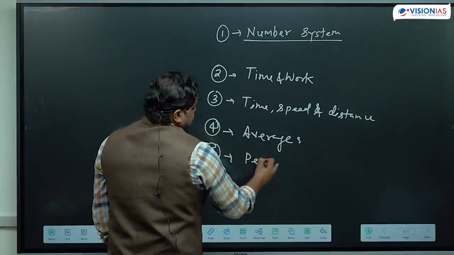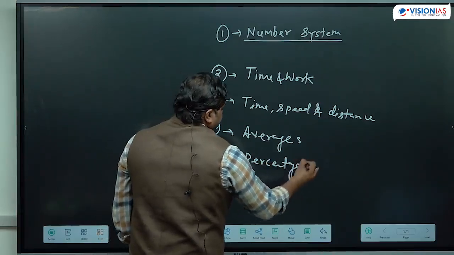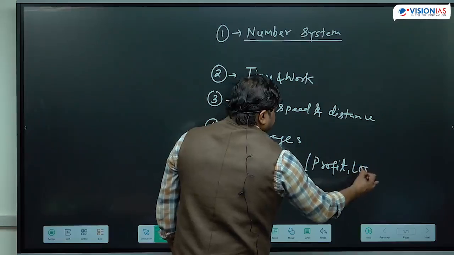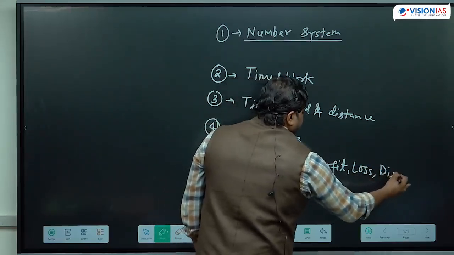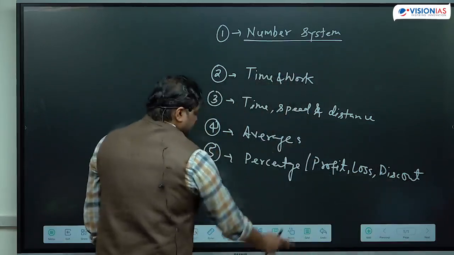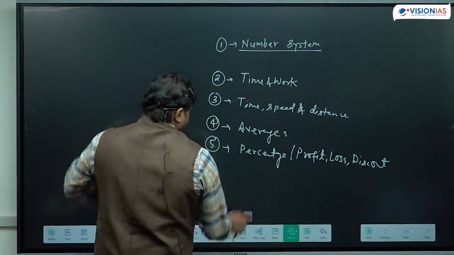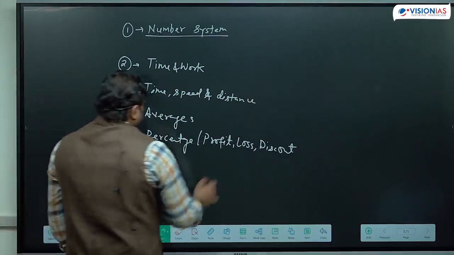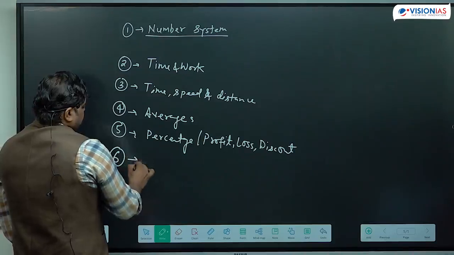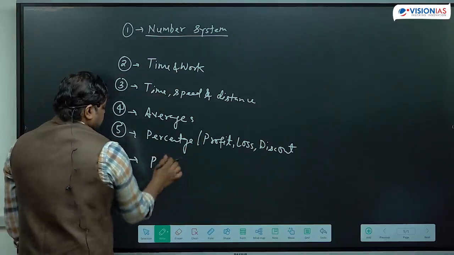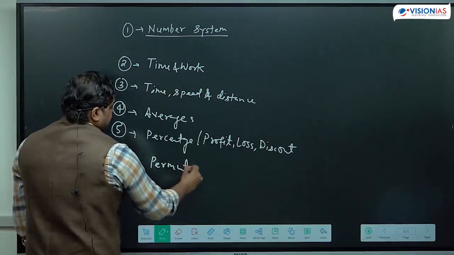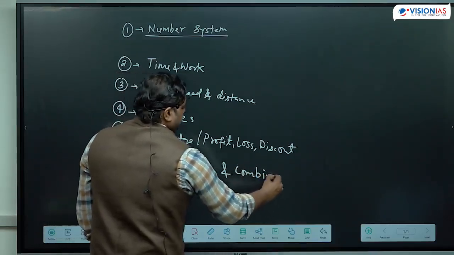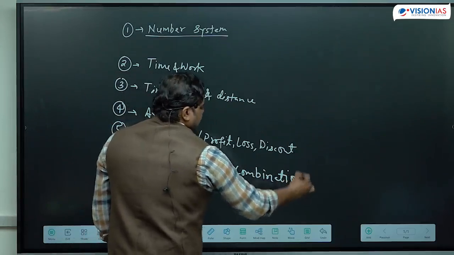We have percentage, profit loss discount, we have permutation, combination, and probability also.